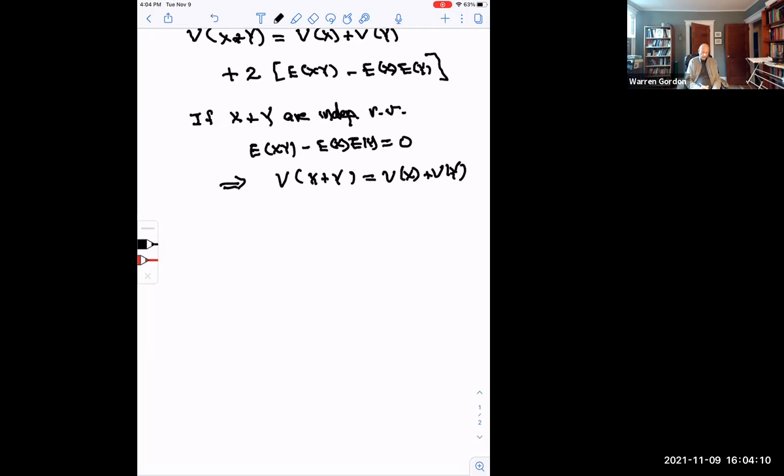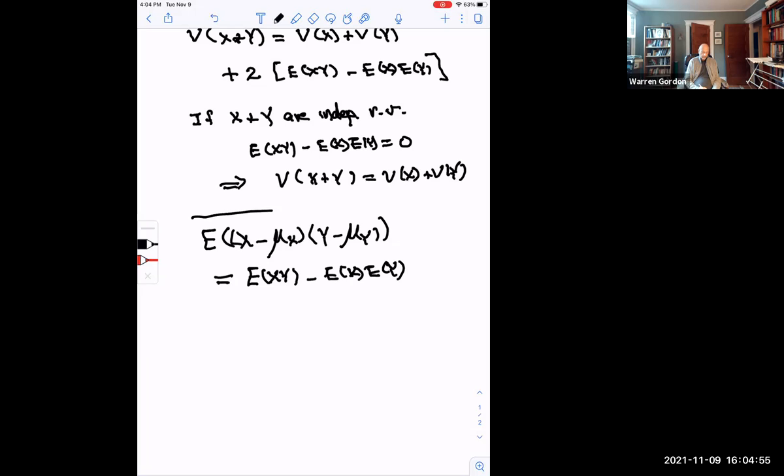Now I also want to remark that if you look at E of X minus mu sub X times Y minus mu sub Y, we showed the last time that if you expand this, this turns out to be E of XY minus E of X E of Y. It's very easy to prove, multiply it out, and you'll see you get this.